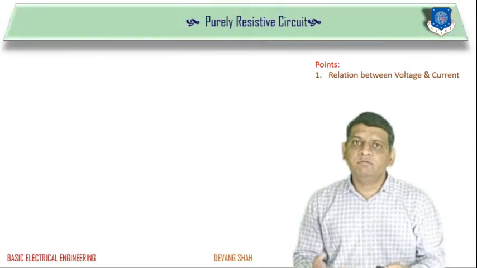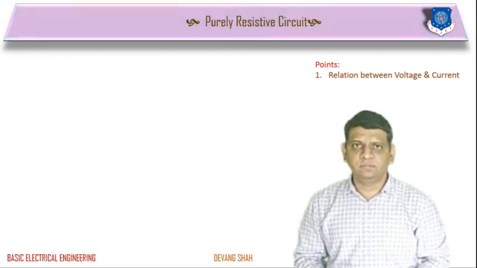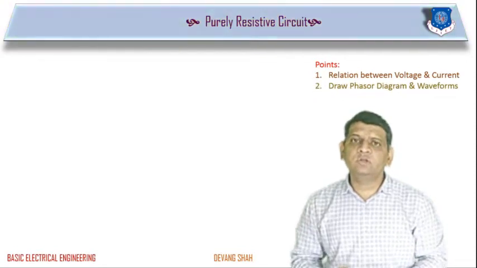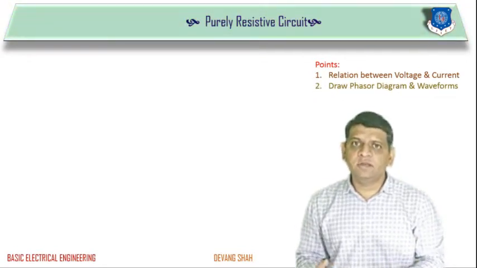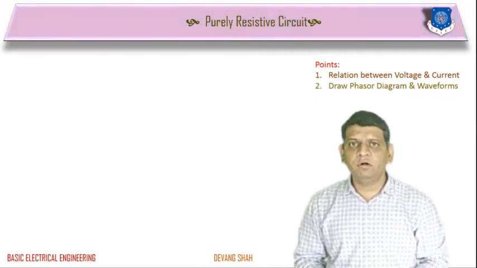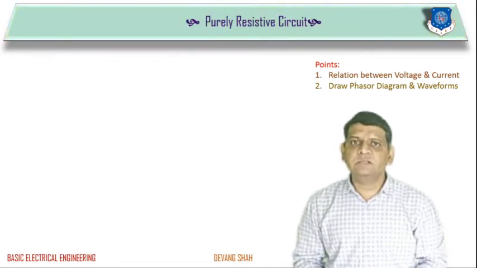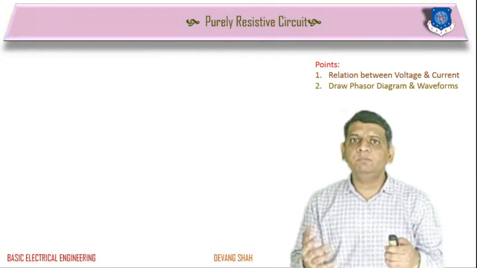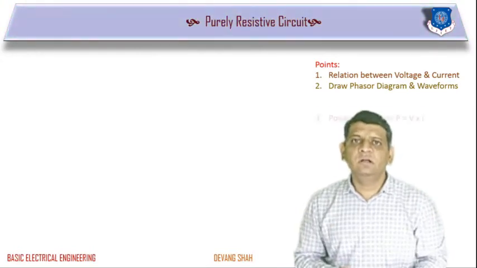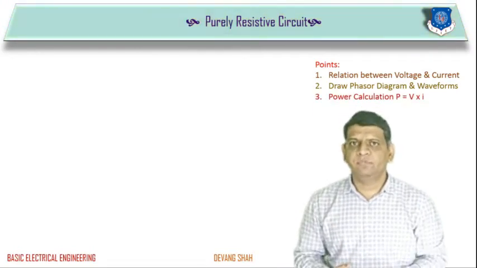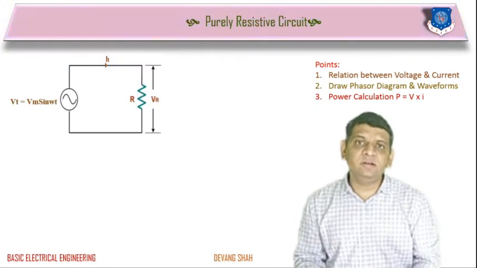This is point number 1, where we derive the equation of current, because the voltage equation is already given, and find the phase difference between voltage and current. In point number 2, we discuss the phasor diagram and waveform of the AC circuit. And point number 3 is to calculate the power P, which is equal to V into I. So let's start first with the purely resistive circuit.